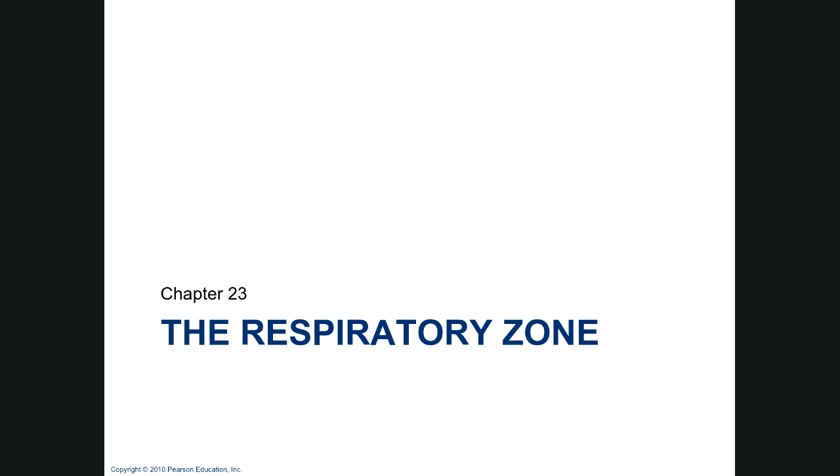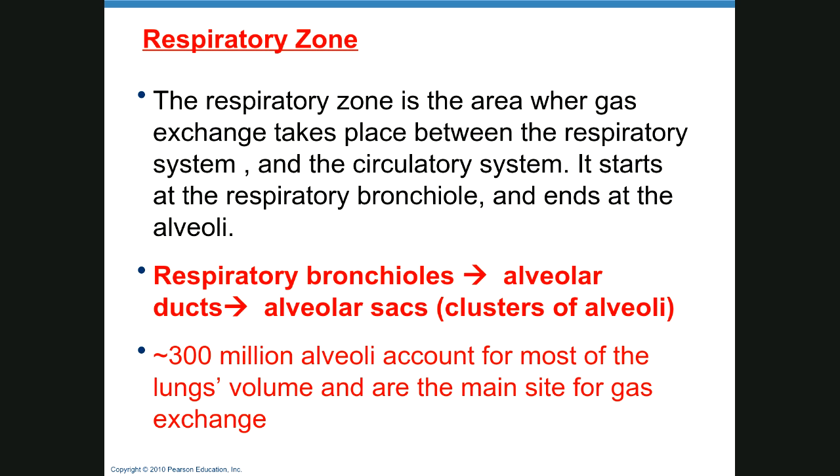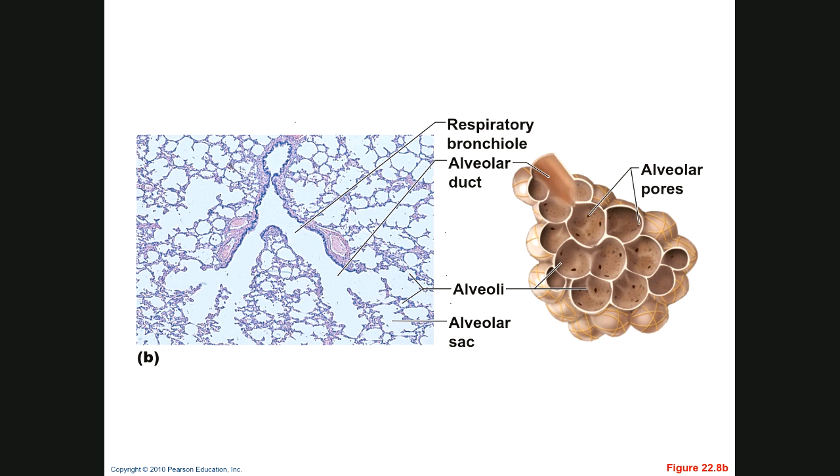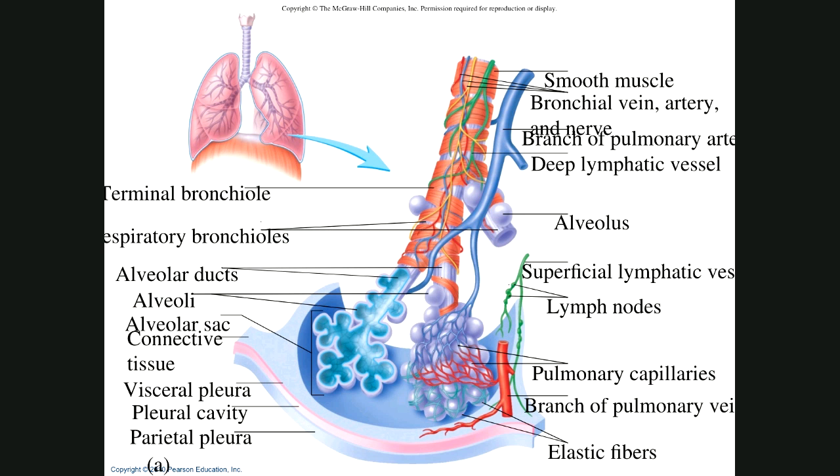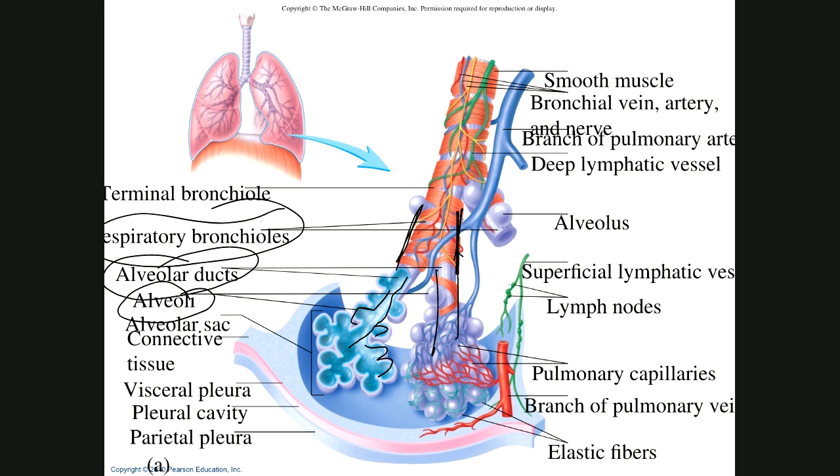So the respiratory zone is made up of... go back to the picture here. It starts at the respiratory bronchioles, which lead to the alveolar duct, which in turn leads to the individual alveoli, which collectively make up the alveolar sacs.